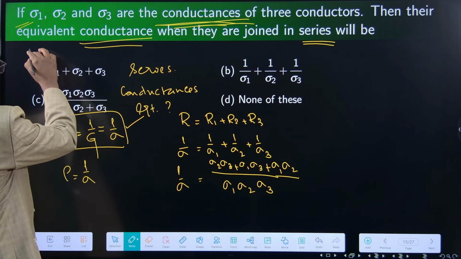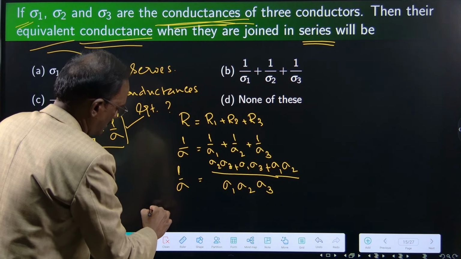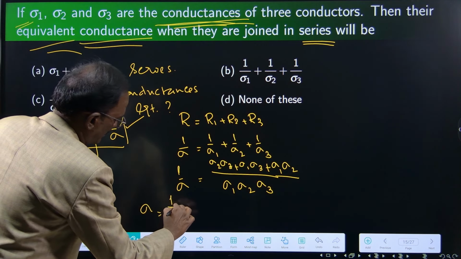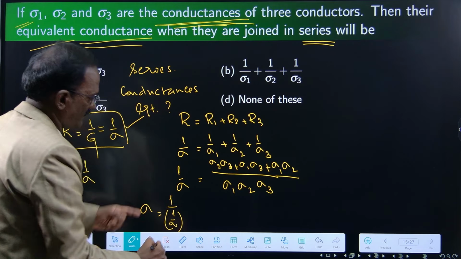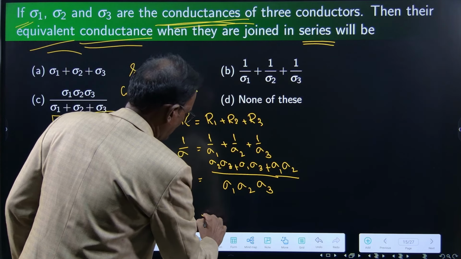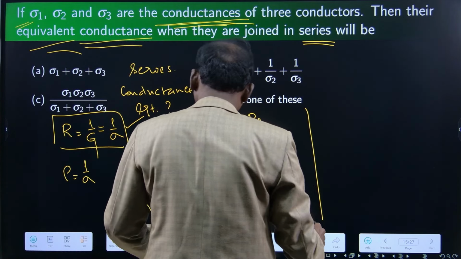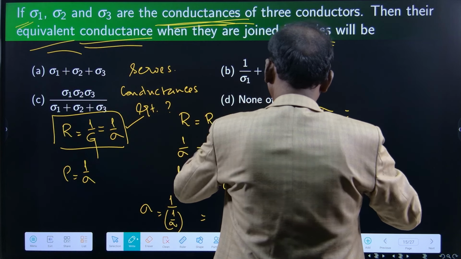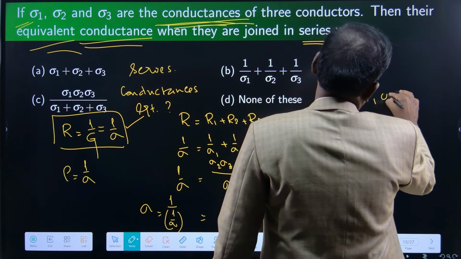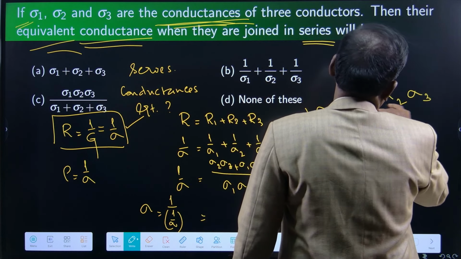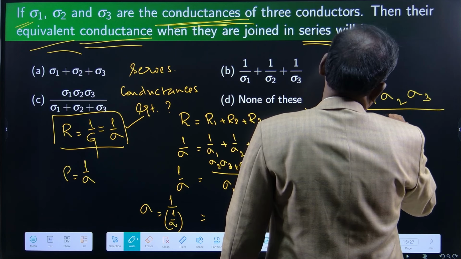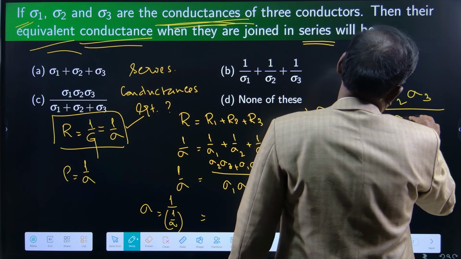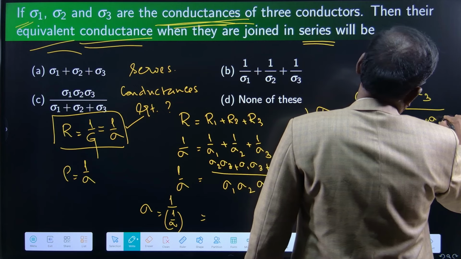We need equivalent conductance, that is sigma. So sigma is equal to again the reciprocal, again the inverse. Sigma is equal to sigma 1 sigma 2 sigma 3 divided by sigma 2 sigma 3 plus sigma 1 sigma 3 plus sigma 1 sigma 2.